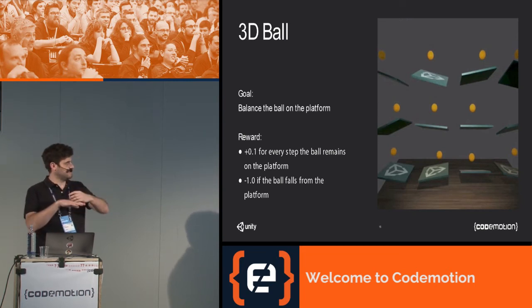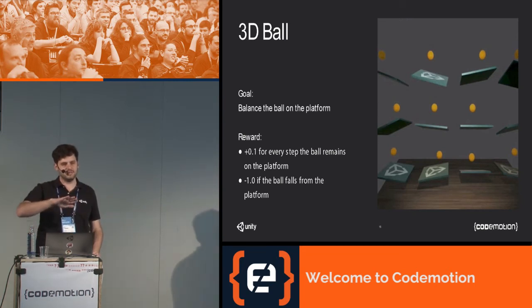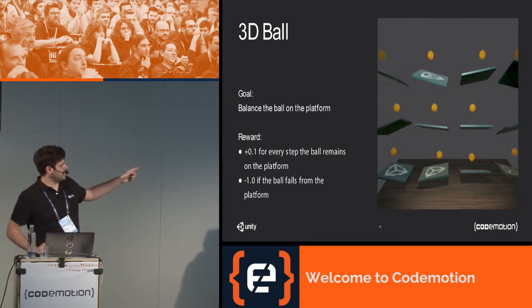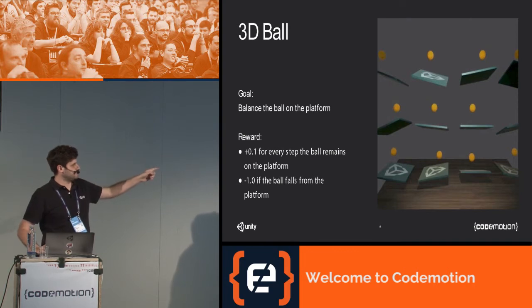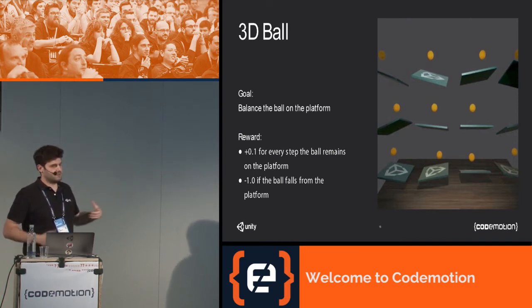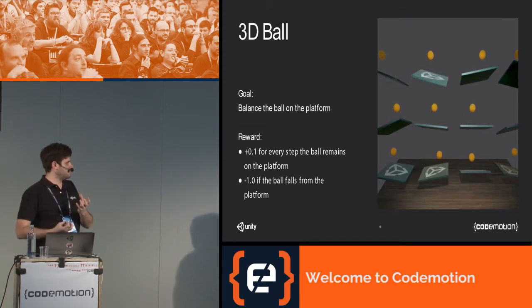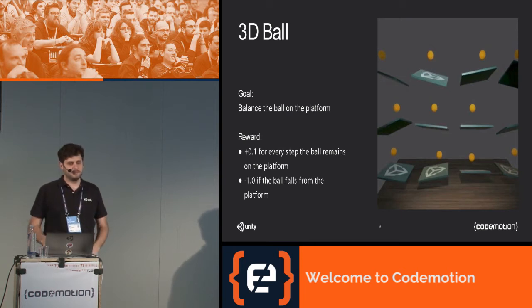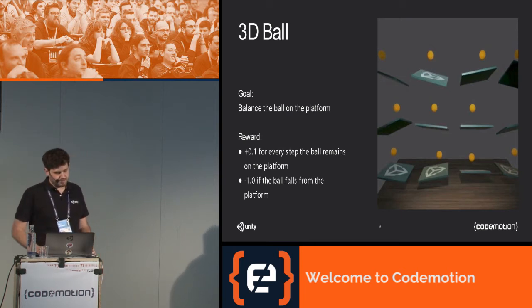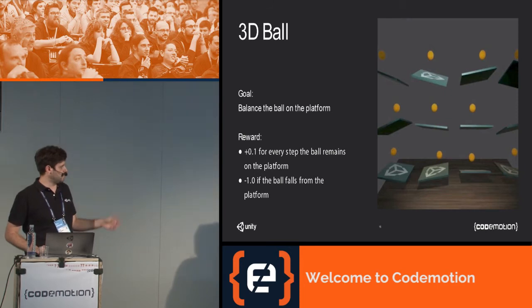So the ball falls down, and then the platform has to learn to rotate to keep the ball from falling down. So in this case, the goal is to balance the ball on the platform, and the reward that we give is 0.1 for each step that the ball remains on the platform, and then we give a -1 when the ball falls off the platform. So we have basically two rewards here.